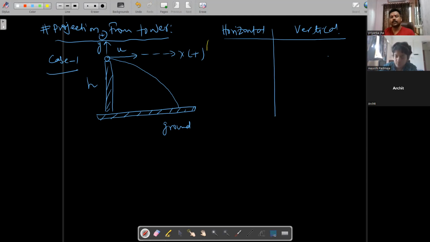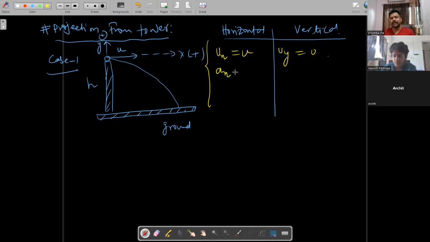Now, what is the initial velocity? What is the horizontal component of the initial velocity? That is u only, because the ball was projected initially in the horizontal direction only. And what is the vertical component, along the y-axis, of the initial velocity? That is 0. There is no component in the vertical direction initially.